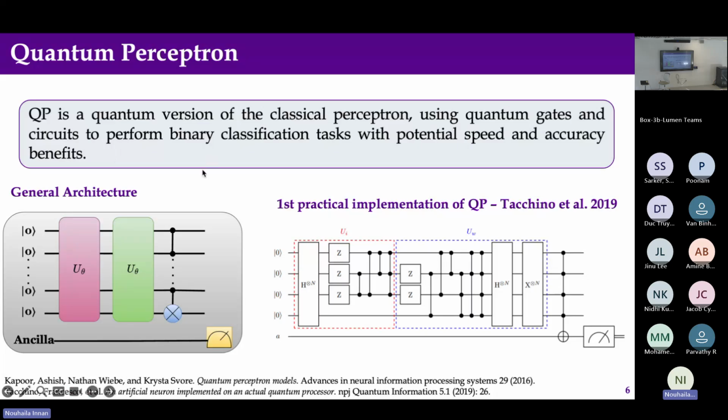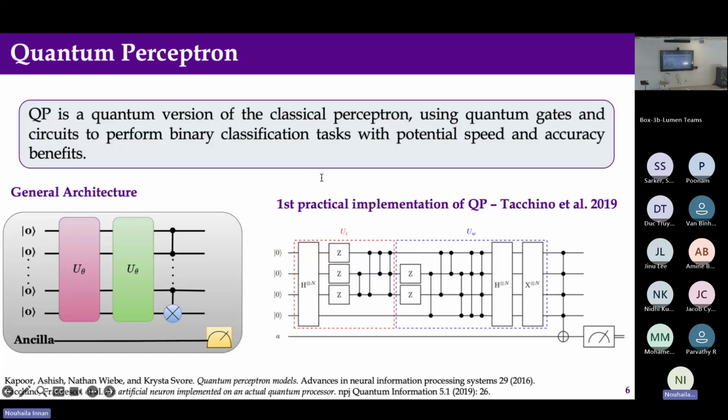Yeah, and on the right side, this was a specific implementation of a quantum perceptron circuit. I think it was one of the first, the first practical implementation. They use different layers of quantum gates applied to the input: Hadamard, Z gate, X gate.